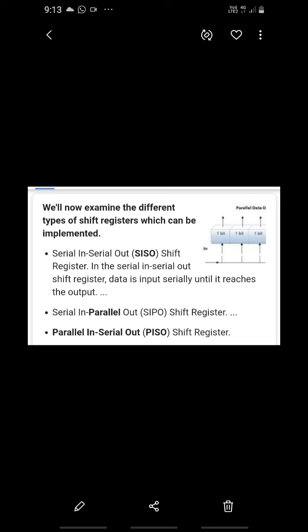Next is shifting capability. The shifting capability of a register permits the movement of data from stage to stage within the register, or into or out of the register upon application of clock pulse.